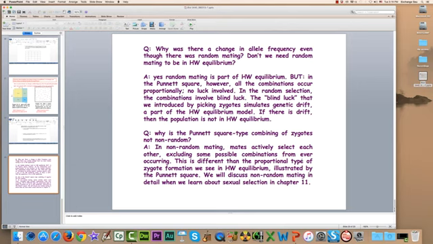So it's different than the proportional type of zygote formation that we're seeing in Hardy-Weinberg equilibrium, even with the Punnett square. Okay, so it's sort of a semantic feature. What do we mean by random and non-random? We'll get into that in more detail later in our class. But in the short run, we can focus on the difference here between random picking versus not random picking, and it's an important feature of Hardy-Weinberg.